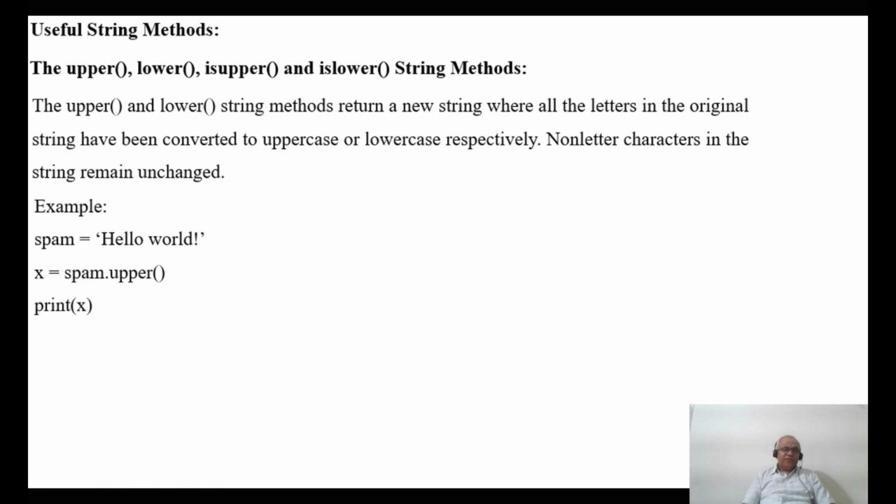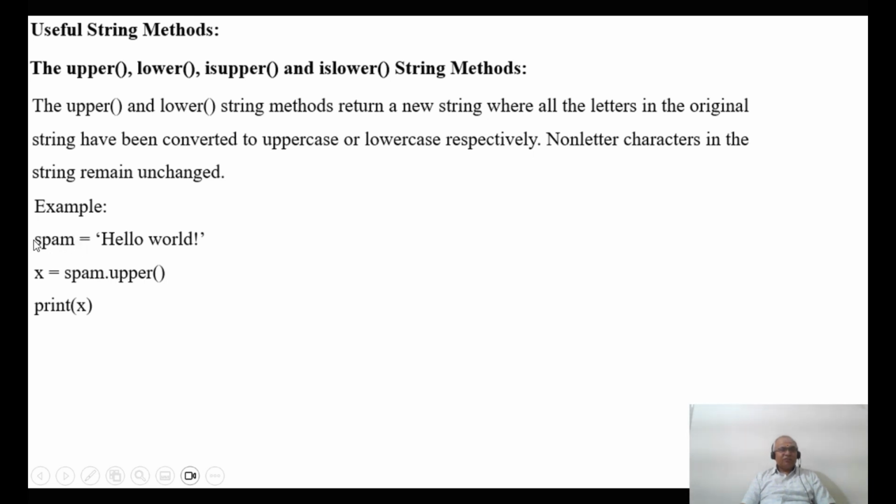For example, if you consider spam equals 'Hello world!', then I am going to convert this into uppercase. x is equal to spam.upper(). What is spam? It is nothing but the name of the variable. The name of the variable is spam.